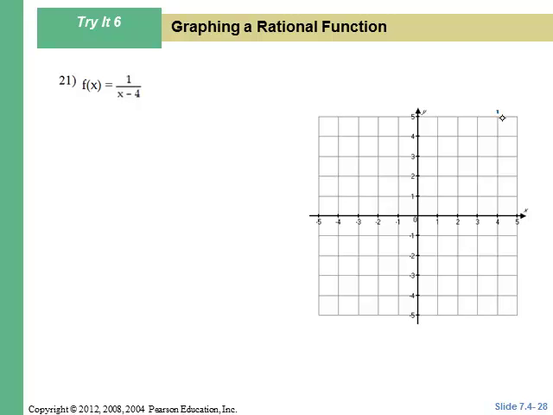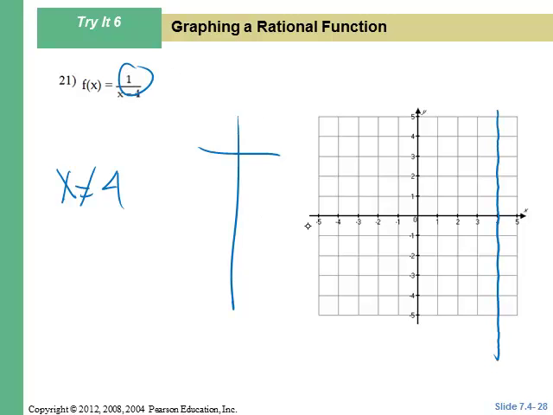Okay, another one. x equals 4 is a vertical asymptote. x does not equal 4. And the numerator is a whole number, so y must be the other asymptote, the horizontal asymptote. Let's try the point 3. If x is 3, 1 over 3 minus 4 is negative 1.